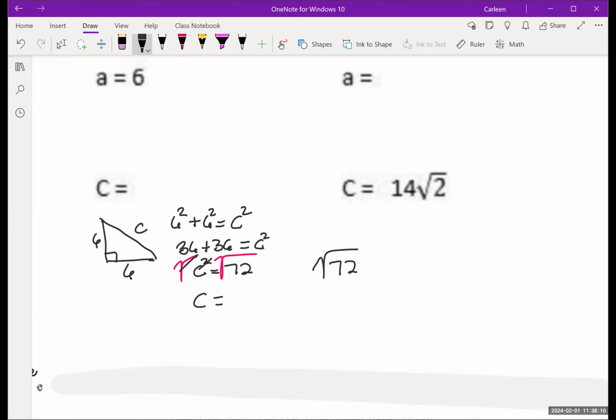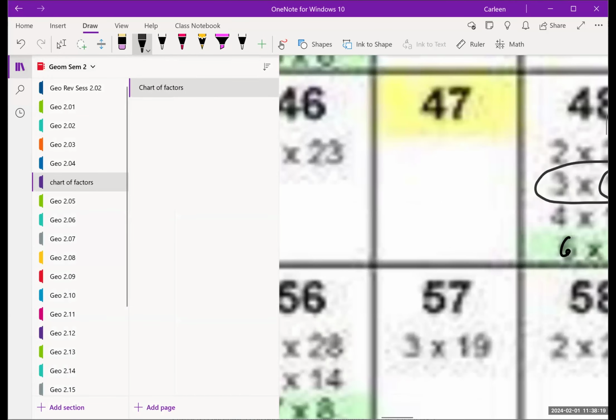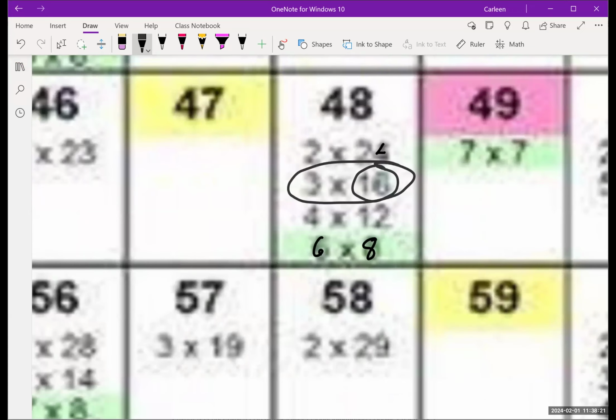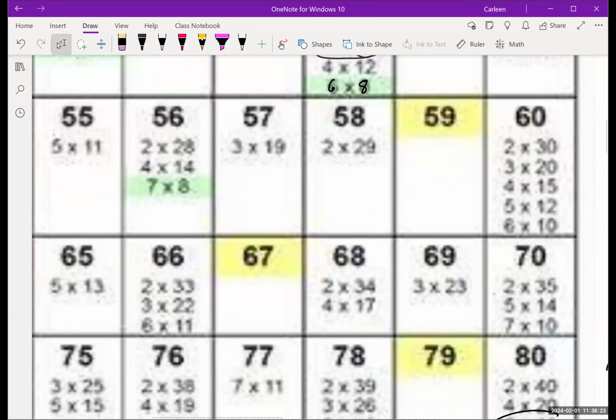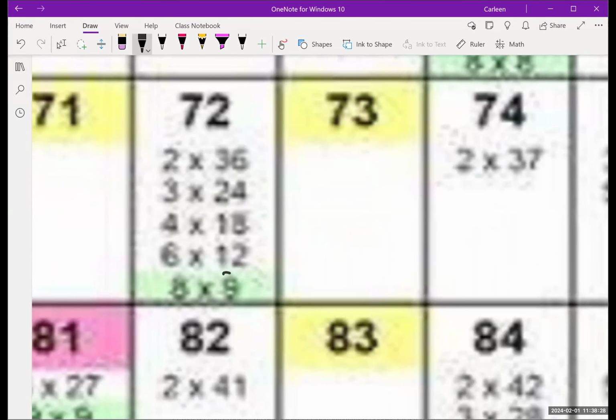Oh, very careful. Okay, so we have 9 times 8. Let's look at the chart of factors. 72, 9 and 8. There's a trick. Is there a perfect square bigger than 9?